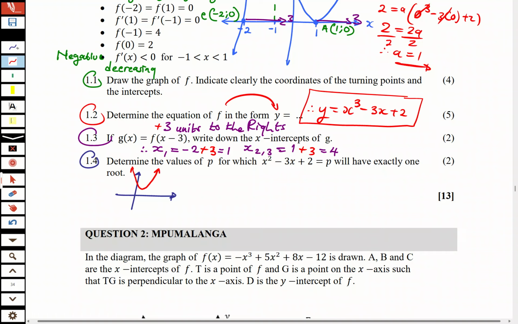That's your function there. And then the second scenario, you have something like this. Then the third scenario, you have something like this.